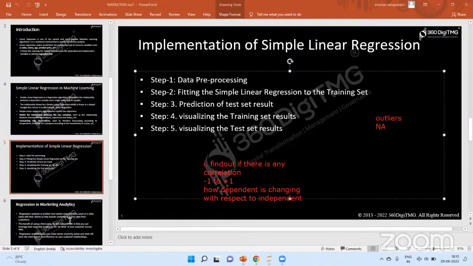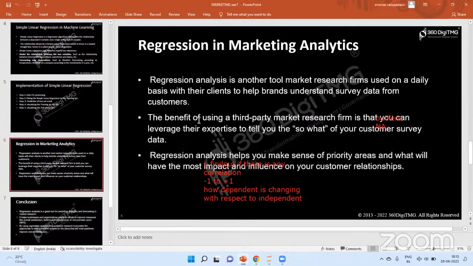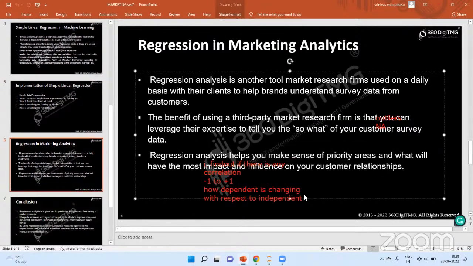Next, the importance of regression in marketing analytics.